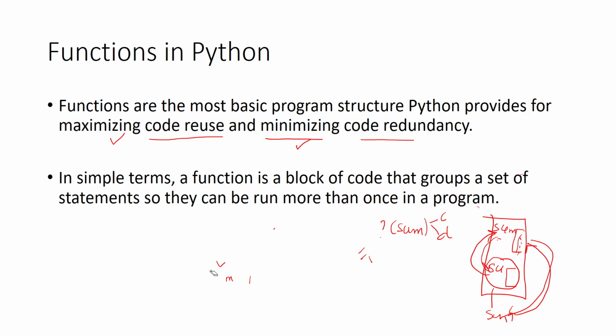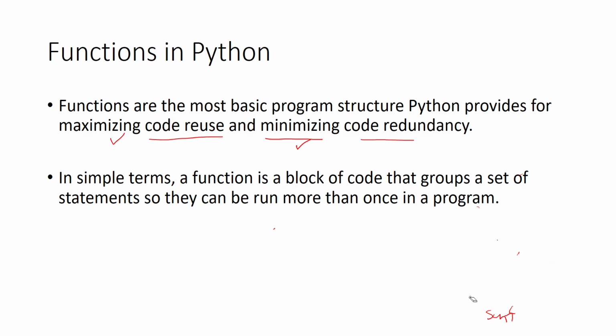We generally arrange them in that fashion so that they can be run more than once in a program. So we can say that a function is a set of statements.